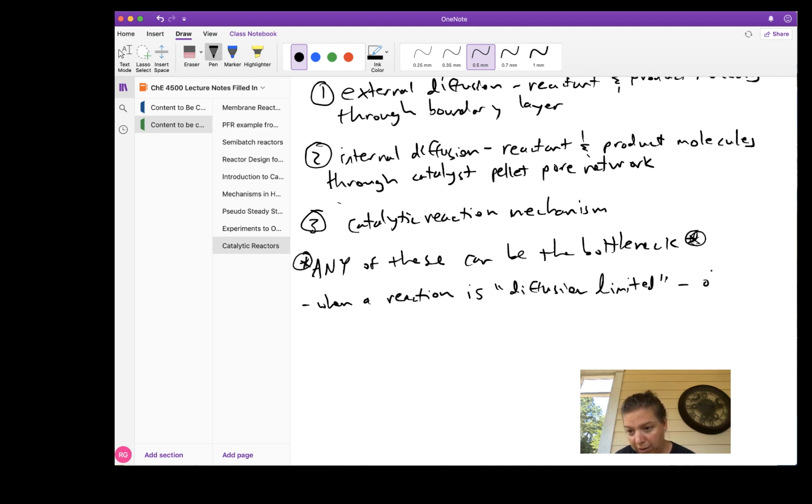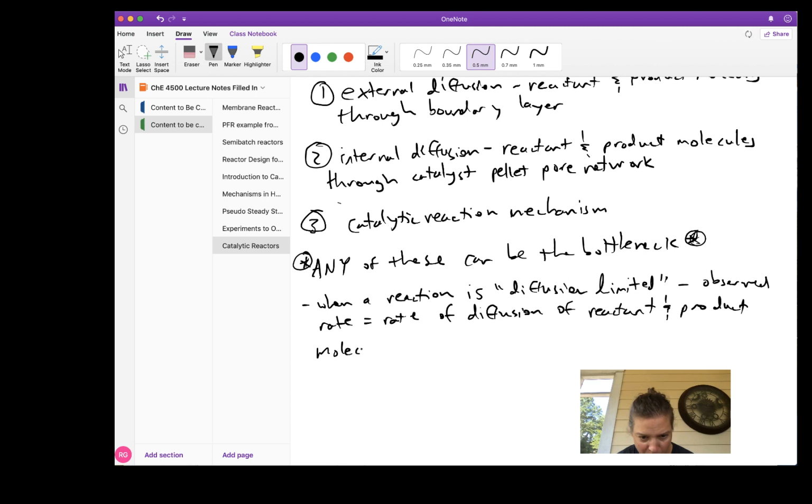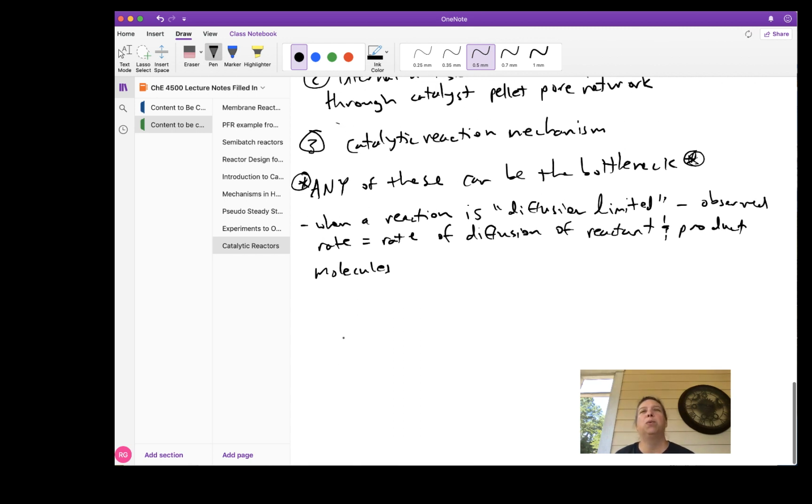So in that case, the way that we write the rate expression for our reactor design is going to be equal to a rate of diffusion.